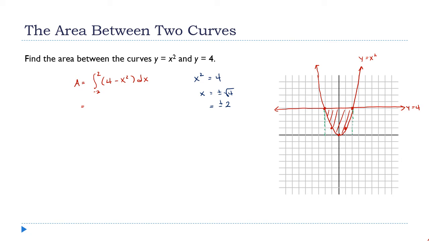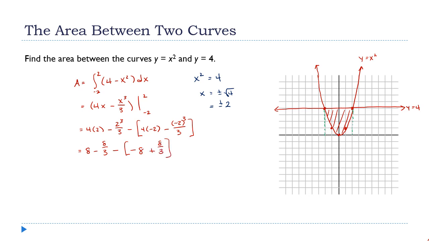Let's find an antiderivative. 4x minus x cubed over 3 from negative 2 to 2. Let's put our numbers in. 4 times 2 minus 2 to the third over 3, minus, let's now do negative 2, 4 times negative 2 minus negative 2 to the third over 3. So this is 8 minus 8 thirds minus negative 8 plus 8 thirds.